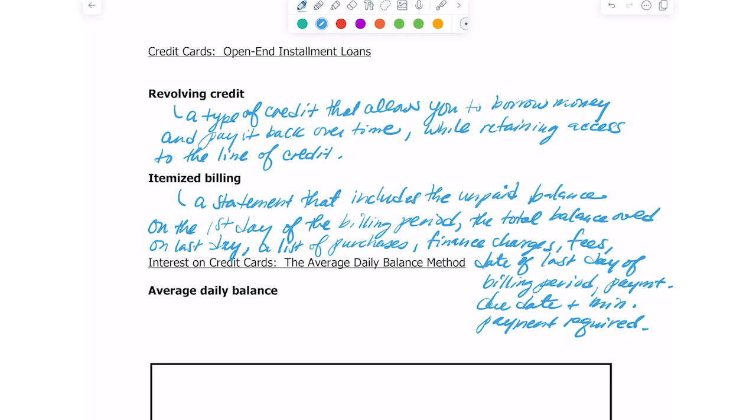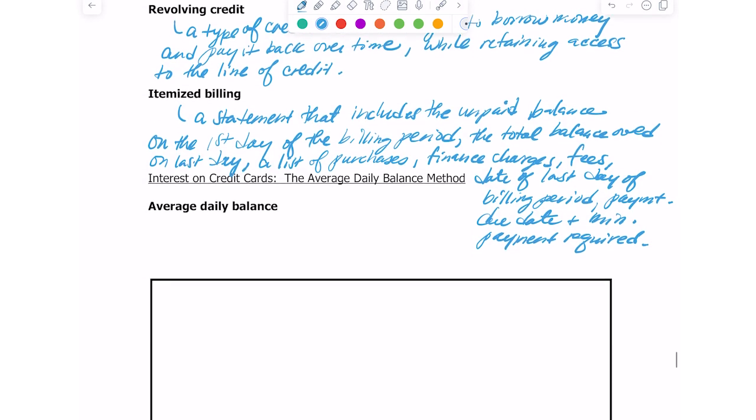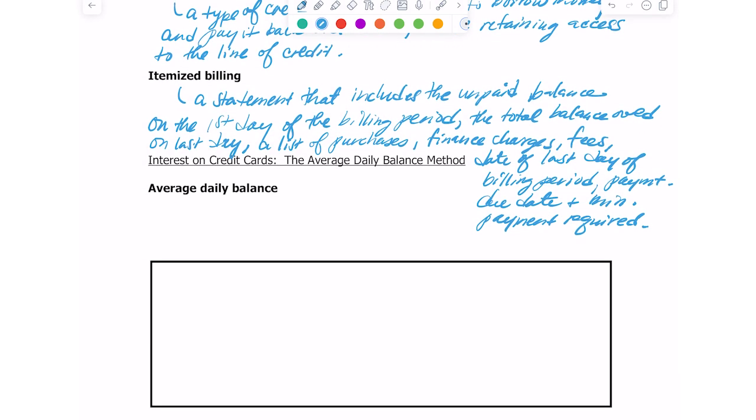Okay. We're going to look at a method called the average daily balance method. This is a method used for calculating interest on most credit cards.